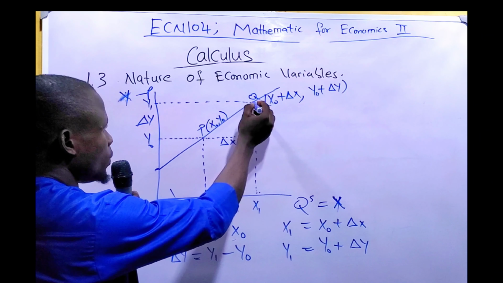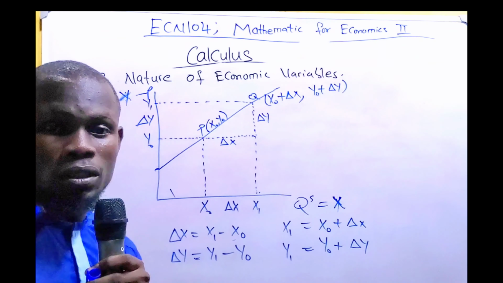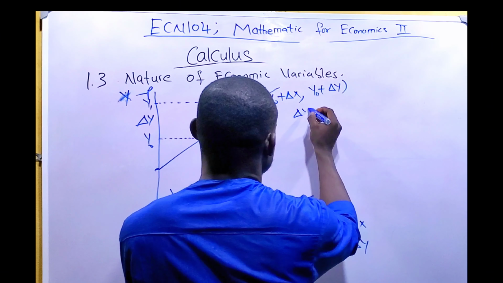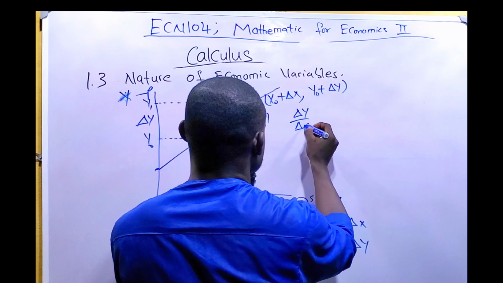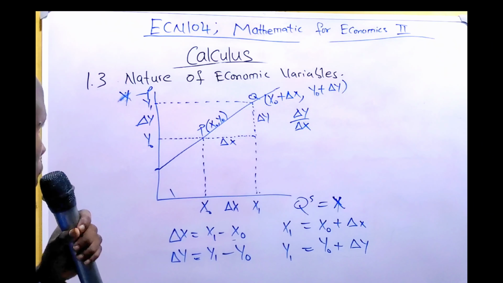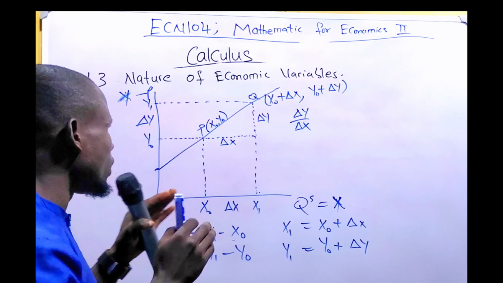Recall the slope. This is the same thing as the slope of the graph, which is change in y over change in s. Are we together? So this is the nature of economic variables.